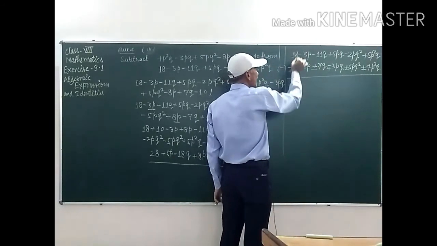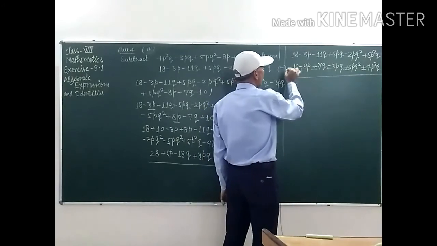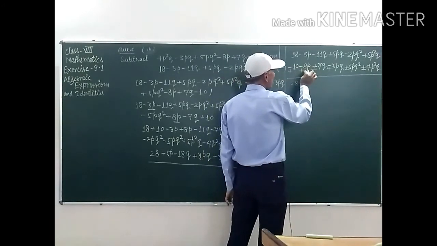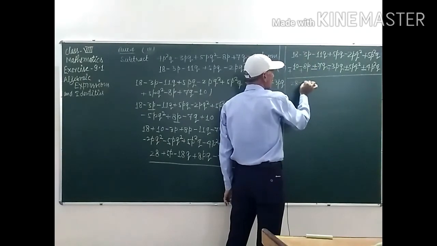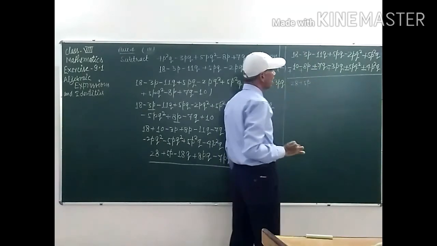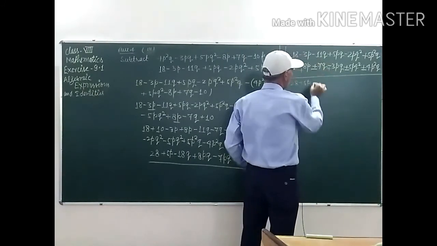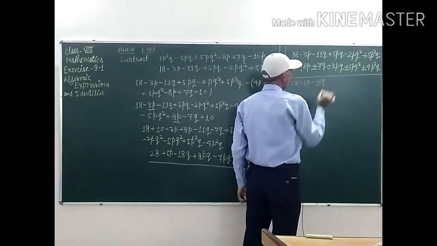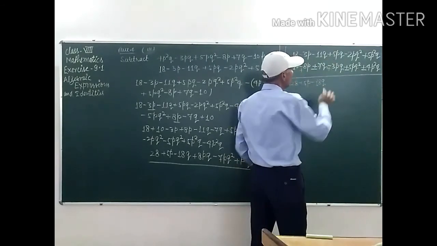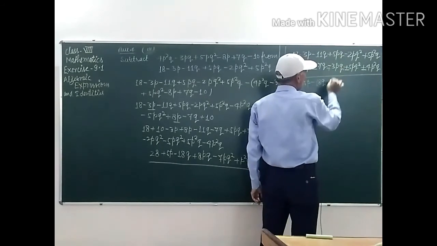It means 18 plus 10 is 28, and this one is 8 plus 8, minus 3p, plus 5p, again minus 7q and minus 11q, minus 18q. And this one plus 3pq plus 5pq, sorry, plus 8pq.